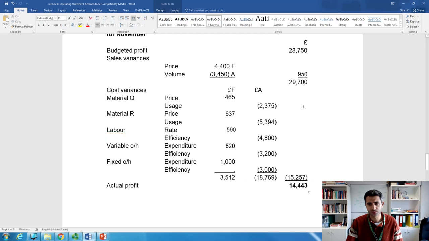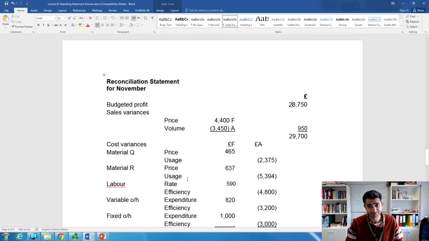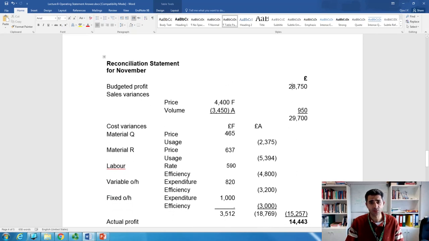So what you need to do is take £29,700 and minus the net cost variances, which equals £40,443. As you see, it does reconcile between the budget profit and the actual profit, and this is due to the variances involved. Yeah, that's all to do with the operating statement, right?